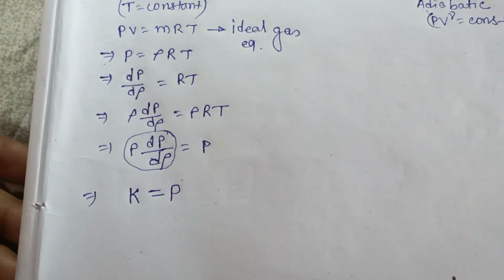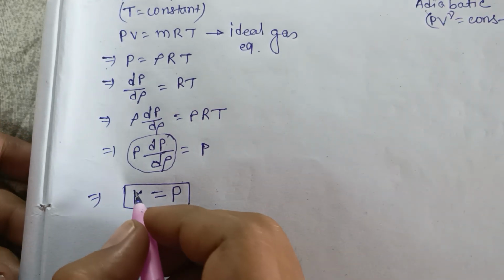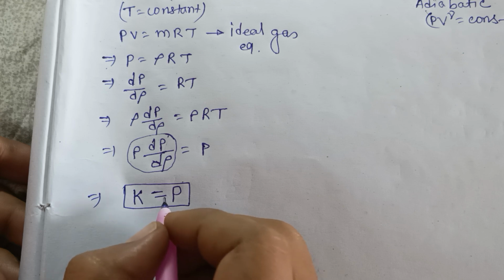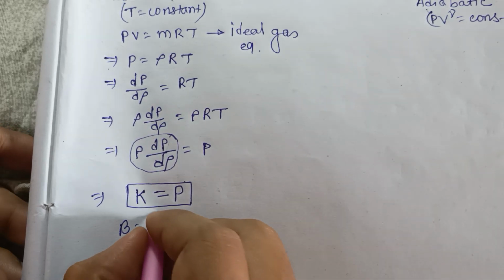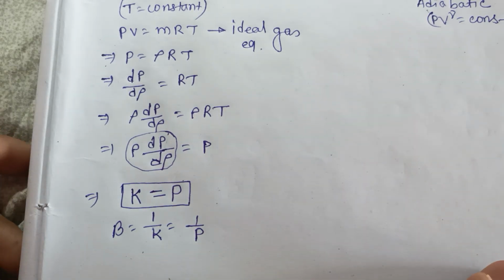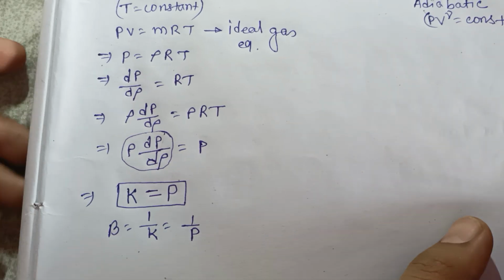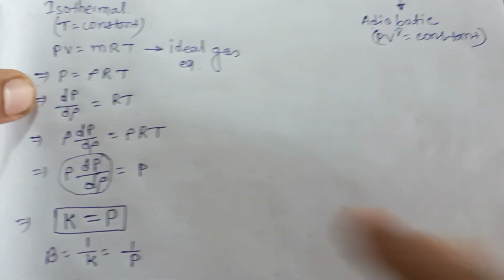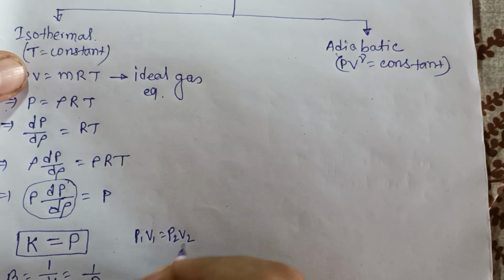Okay, remember that this is very, very important: for the isothermal process, the bulk modulus is equal to pressure. And if you want to calculate the compressibility, that is 1 by K, so that is equal to 1 by P. So beta is equal to 1 by P. And if there is a state 1 and state 2, we can write P1 V1 equal to P2 V2.